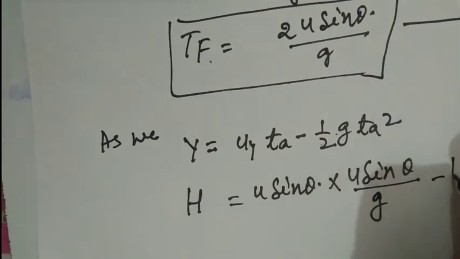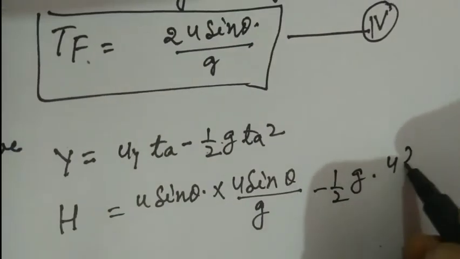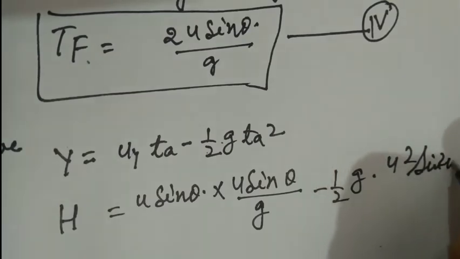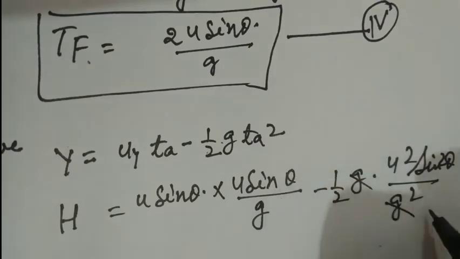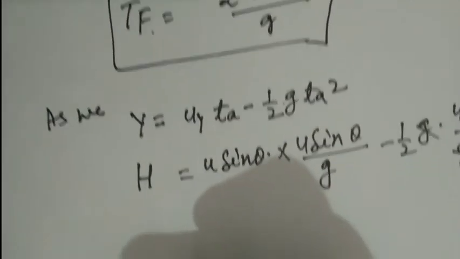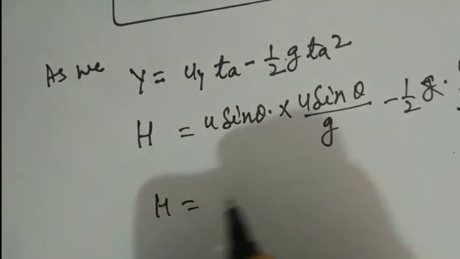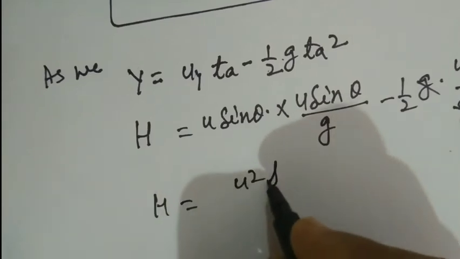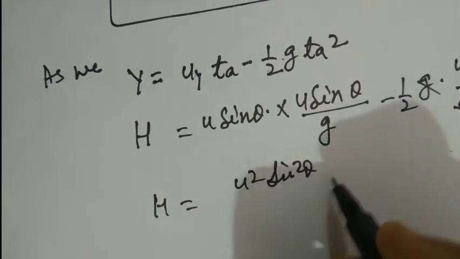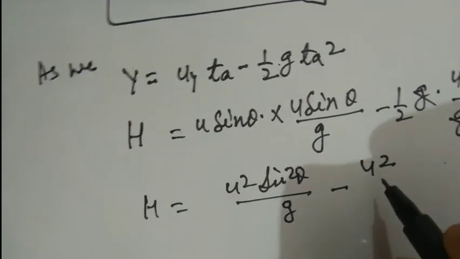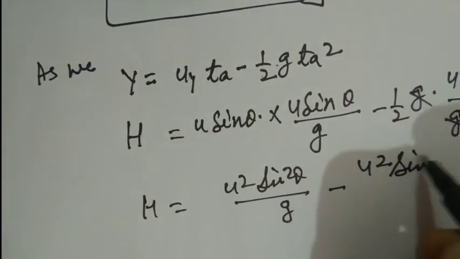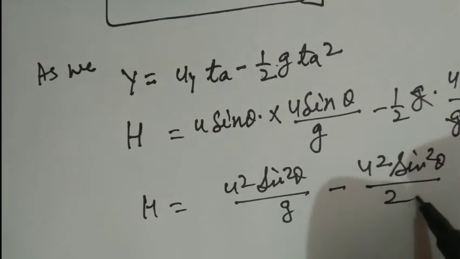So h is equal to u square sine square theta by g minus u square sine square theta by 2g, after one g cancels.